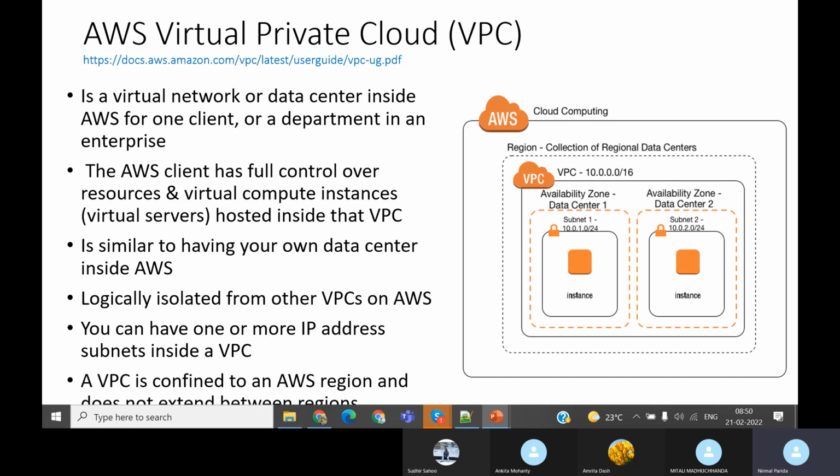Suppose you are creating one EC2 instance and taking some IP address, that will be region specific. If any doubt, we can discuss it later, because if you don't have any network knowledge, it will take more time to understand this VPC.